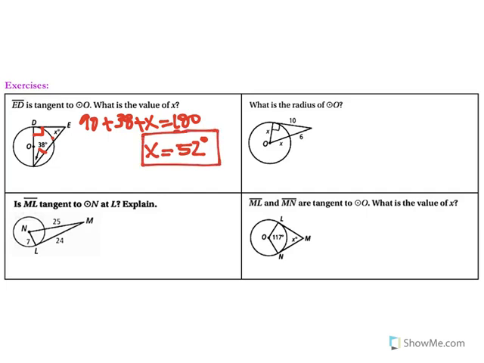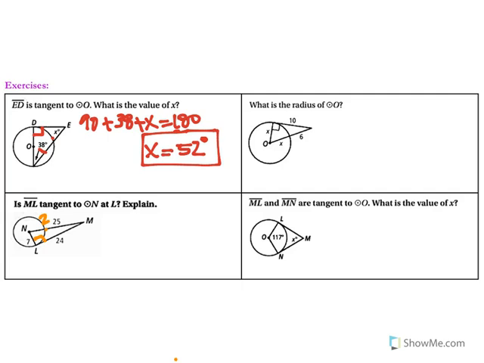Awesome. Let's do the one below it. Is ML tangent to circle N at L? Explain. Ooh, we wonder, are they tangent? If they are tangent, then this would be perpendicular, right? So I'm kind of asking, is that angle at L a right angle?